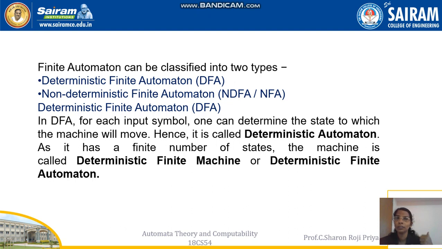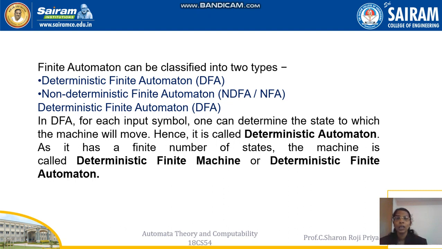And the third one is non-deterministic finite automata with epsilon transition. So what is the meaning of deterministic? For each input symbol, one can determine the state to which the machine will move. Input symbols are given in the notation sigma, and they are nothing but all your alphabets.